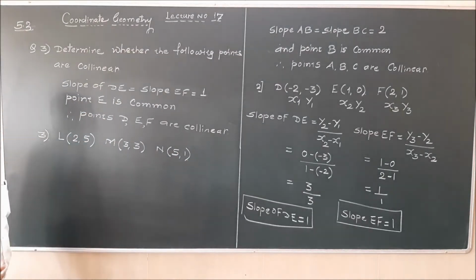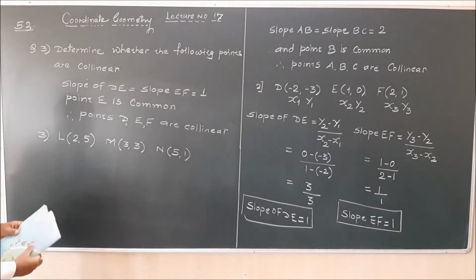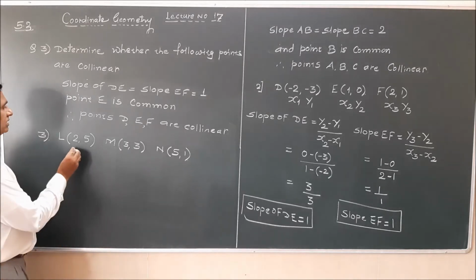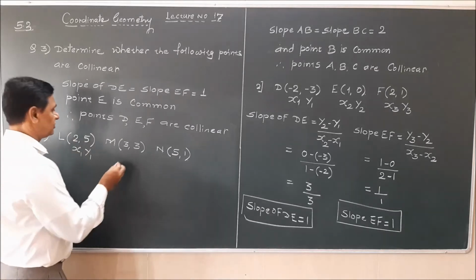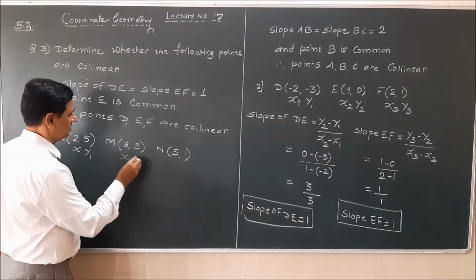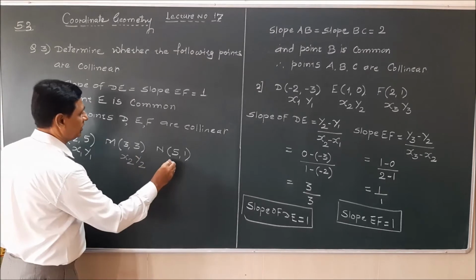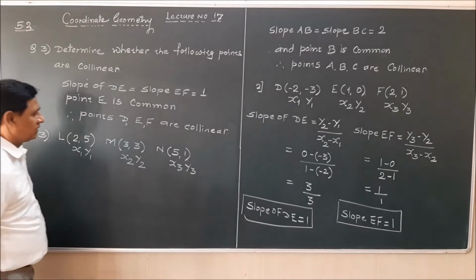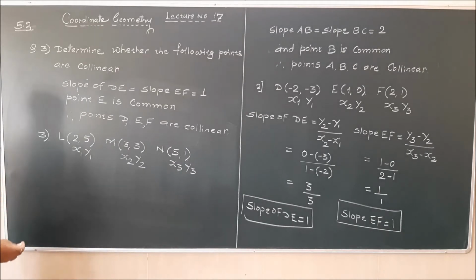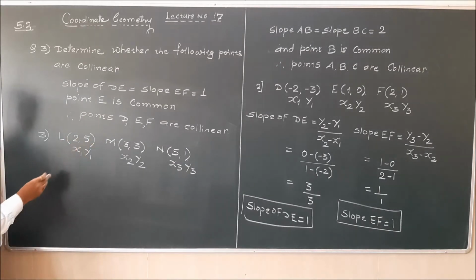So simple, so similar. Let the first point be x1, y1, the second point x2, y2, and the third point x3, y3. Now I am going to find the slope of LM.